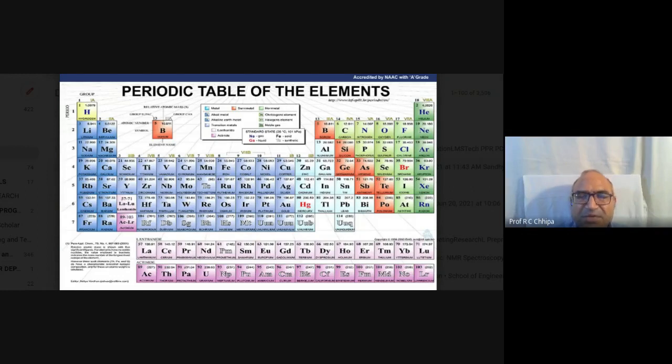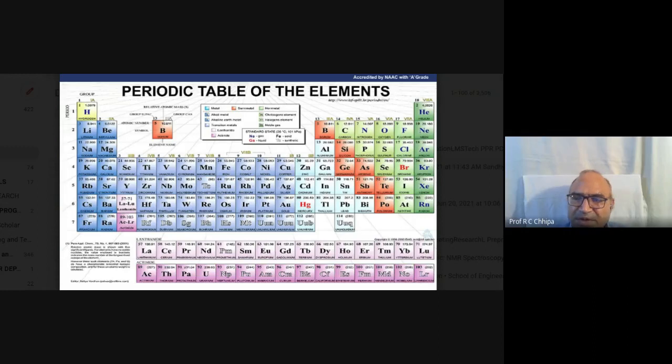The question is there. However, we can see the periodic table is based on the atomic number, the number of protons, which also equals the number of electrons.